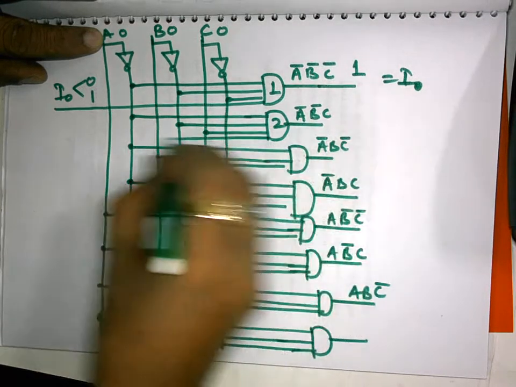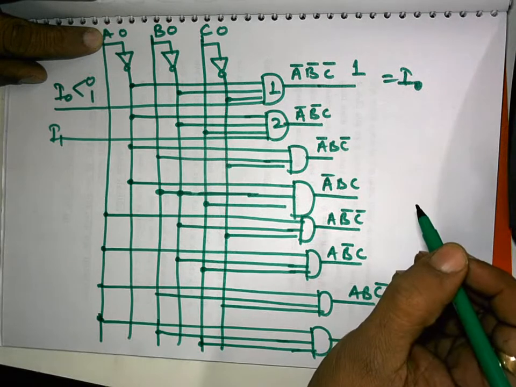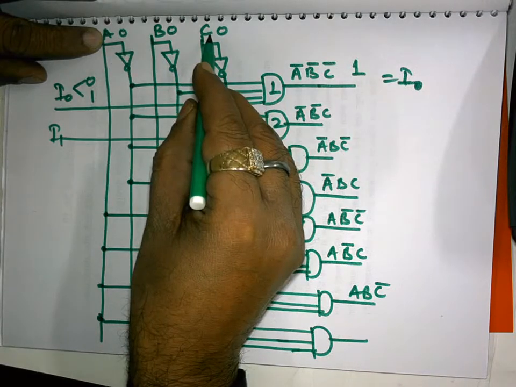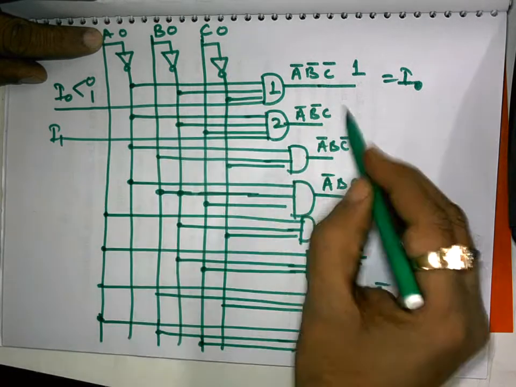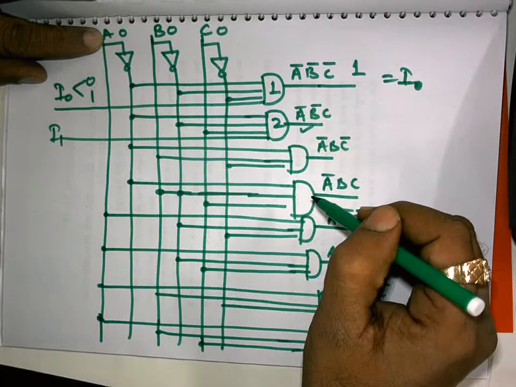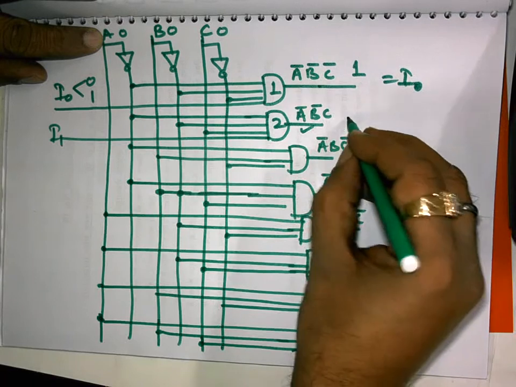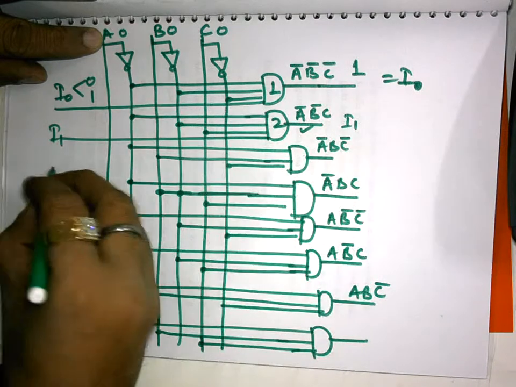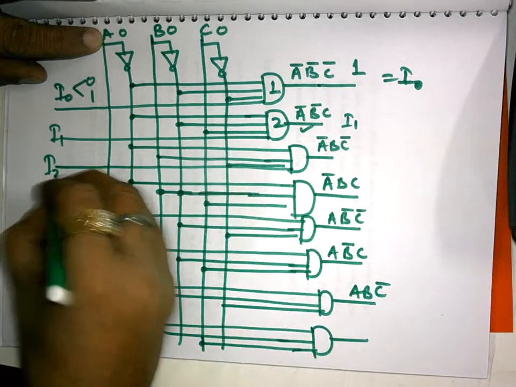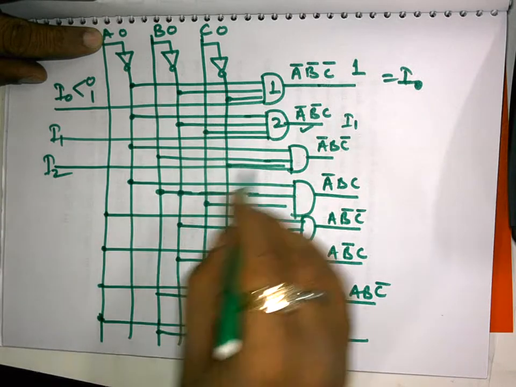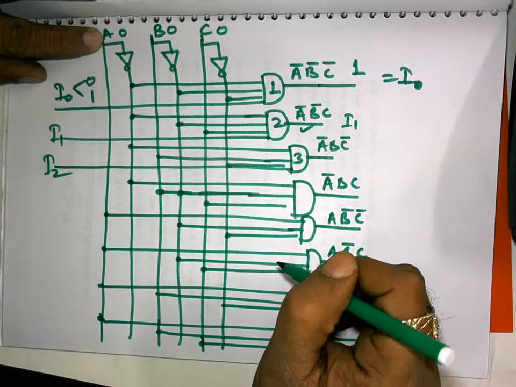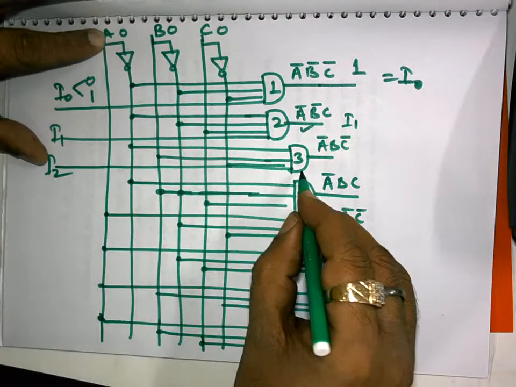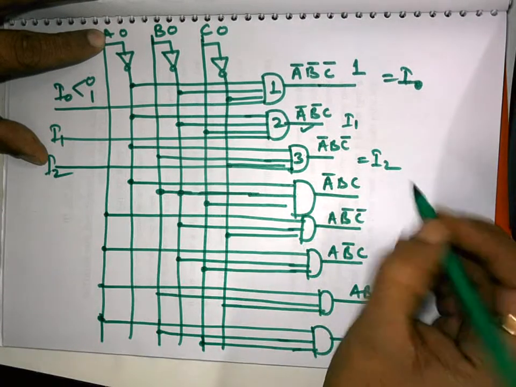Similarly, if I insert another external input I1 at gate number 2, and we make ABC equal to 0, 0, 1, then this line is selected, and now the final output is I1. Similarly, if I insert another input at gate number 3 and make its output high as a decoder, it will be I2.